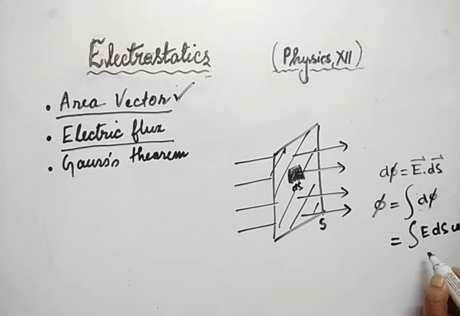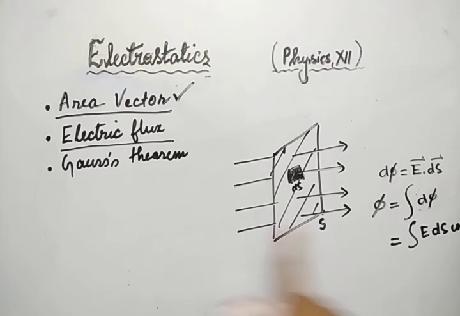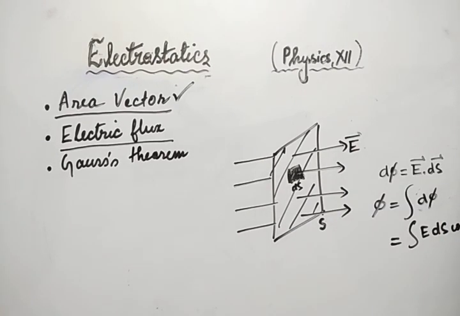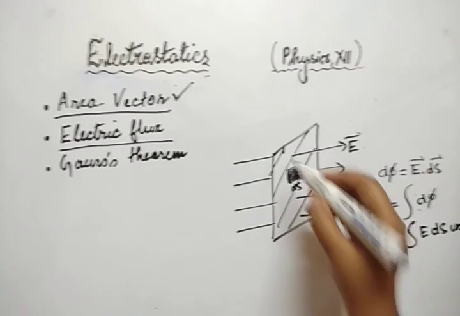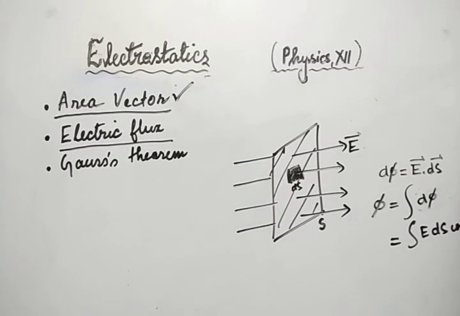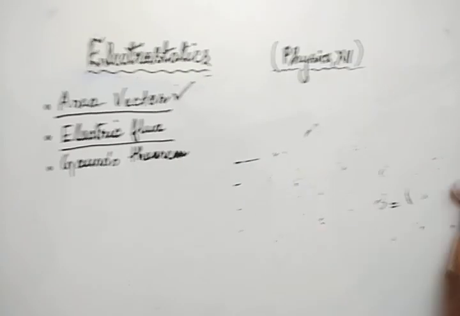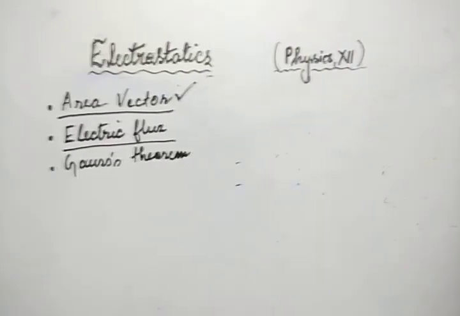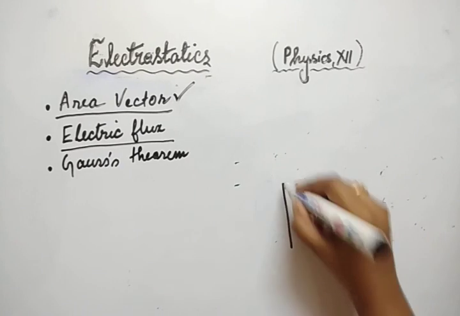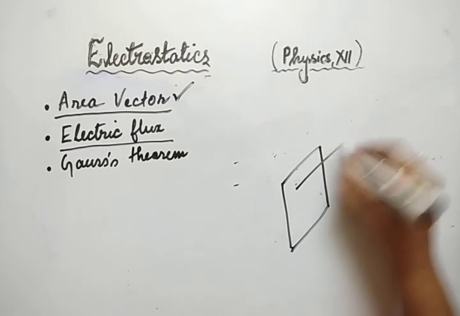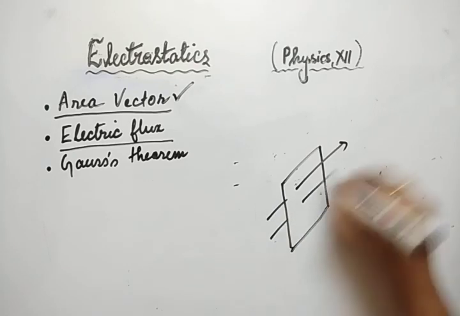In this case the electric lines of force are perpendicular, normal to the surface. Now suppose it is not normal. Suppose this is your surface and your electric lines of force are passing in this manner.